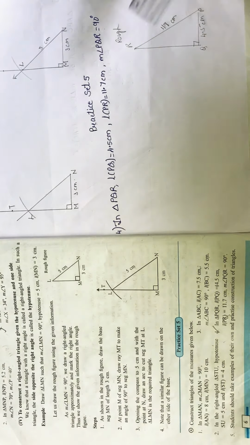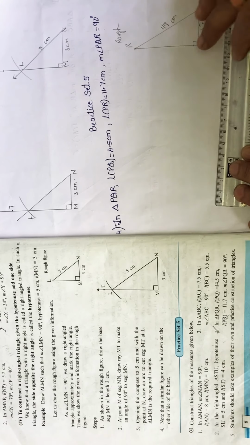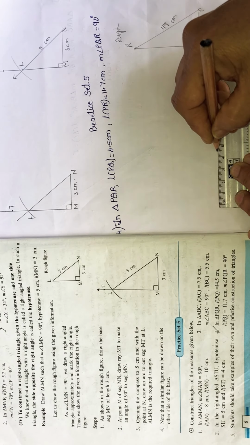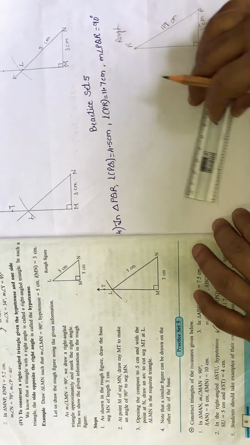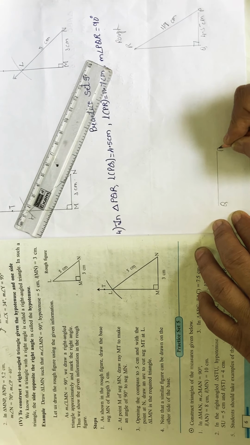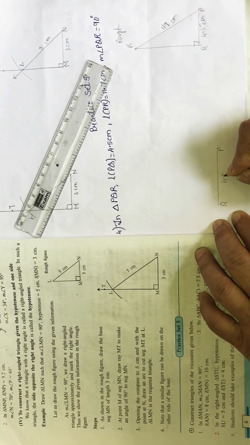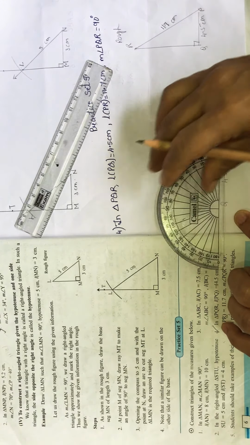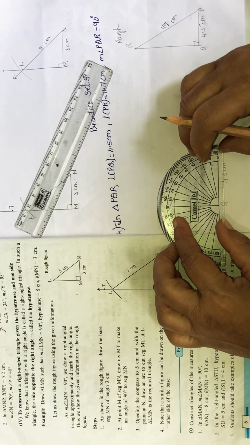Now let us try this. Okay, so now let me draw it. PQ is 4.5. So this is your point Q, this is your point P, this is 4.5 centimeters. Now with the protractor we will mark 90 degrees.